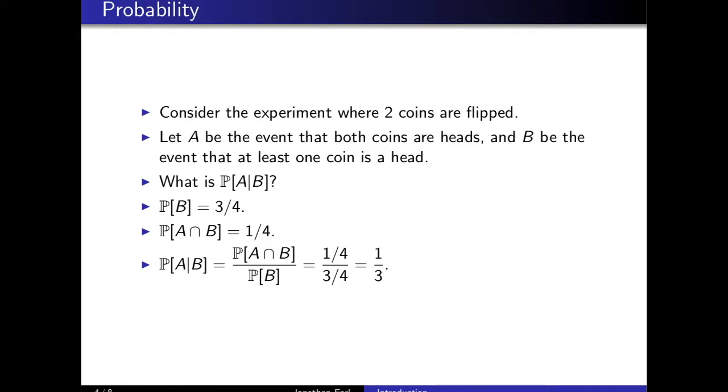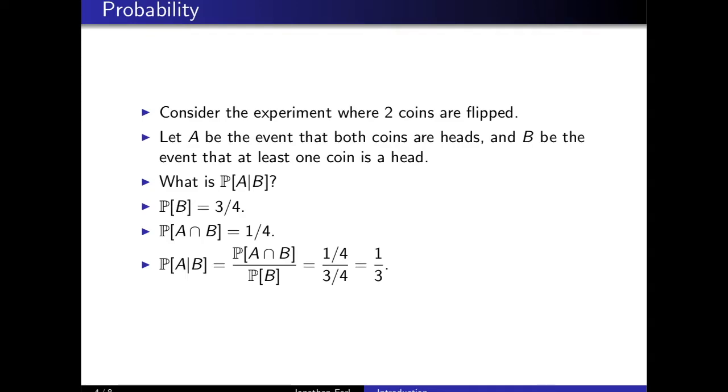Another way that you could think about this is that what we're doing is we're restricting the sample space down. So when you toss 2 coins, you could get 2 heads, a head then a tail, a tail then a head, or 2 tails. What we're saying now is we're not going to consider the possibility where we get 2 tails. We're just going to look at all of the cases where at least 1 head showed up. And in just looking at those, what is the probability that we get 2 heads?